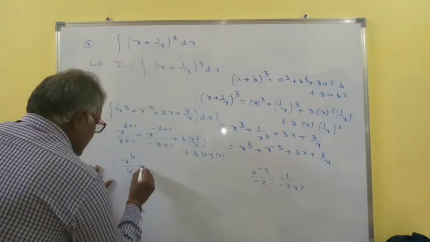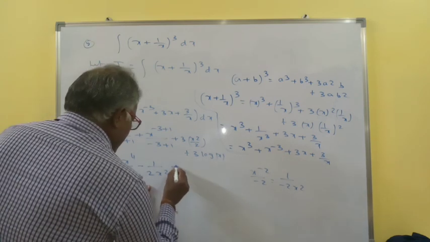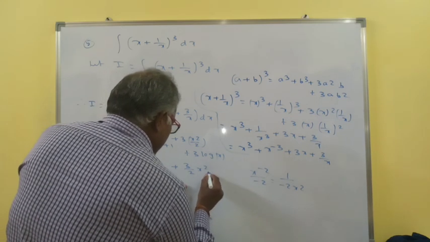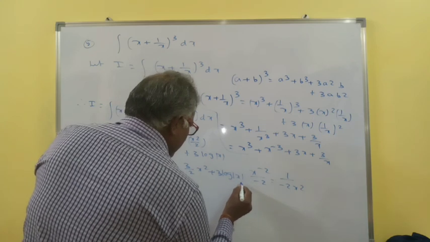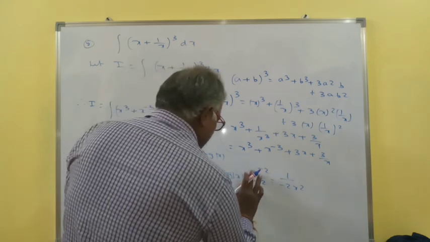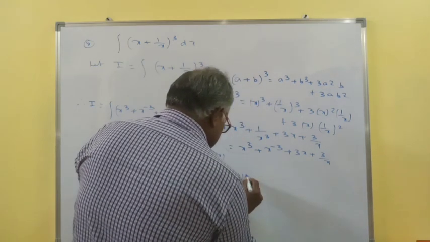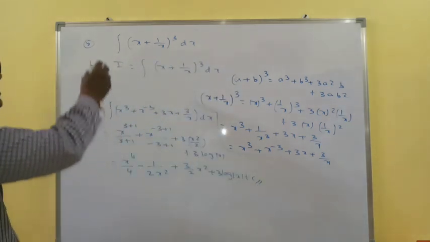So you should write minus 1 by 2x square plus 3 by 2 into x square plus 3 into log of mod x plus c. So this is the result for the given one.